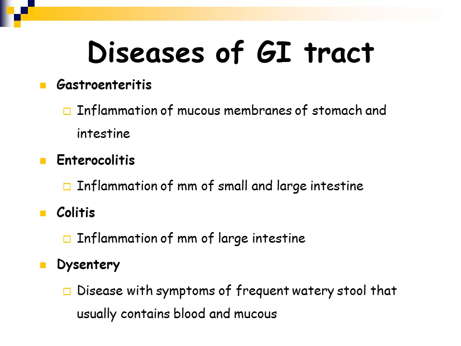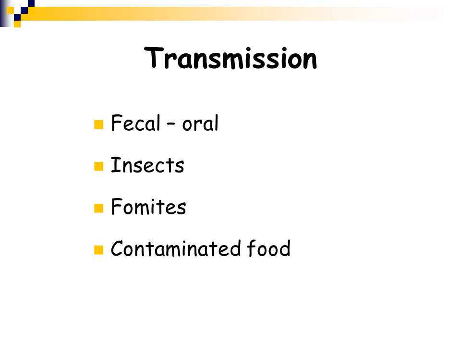So diarrhea is loose, watery stool without blood, and dysentery generally has blood and a lot of mucus in it. Now, transmission of our enteric organisms is fecal-oral. There have been some associations with insects, fomites, as well as contaminated food.